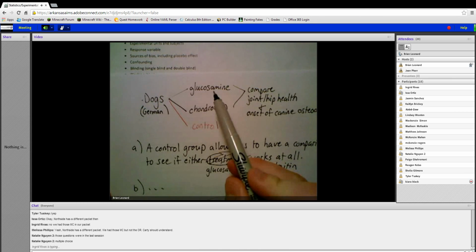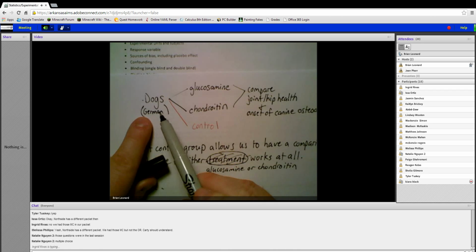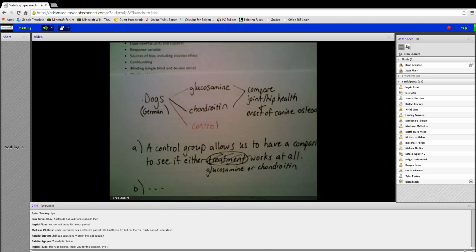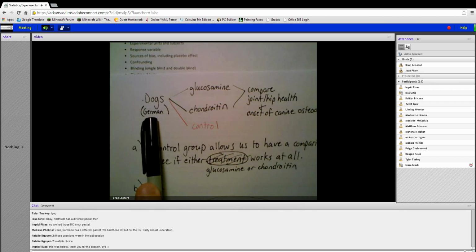If glucosamine winds up being the best drug for my German Shepherds, can I say that it's going to behave the same way for poodles? And the answer is no. Okay? That's called your scope of inference. You can only infer when you're done with your experiment within a certain, quote, scope. And that scope depends on who your units were. Okay? So, Tyler, I hope that answered that question.